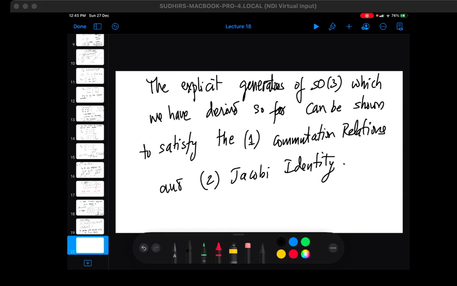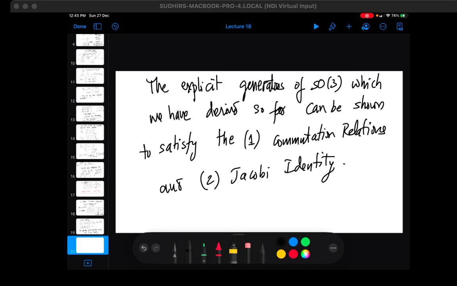So, for example, SU2 will not really have any structure constants because it only has one generator. SO3 has three generators, so you'll have structure constants. Similarly, SO4 will also have several structure constants corresponding to six generators, and so on. So if you know the structure constants and the commutation relations, you understand all the properties of the group, and they are extremely important.